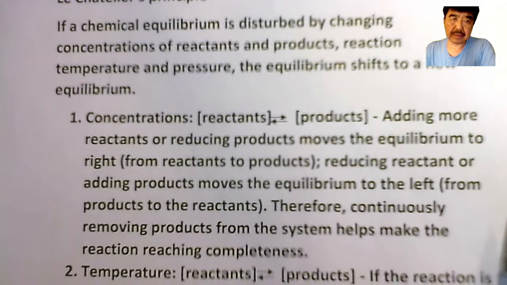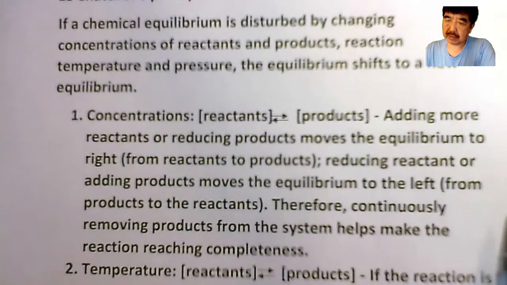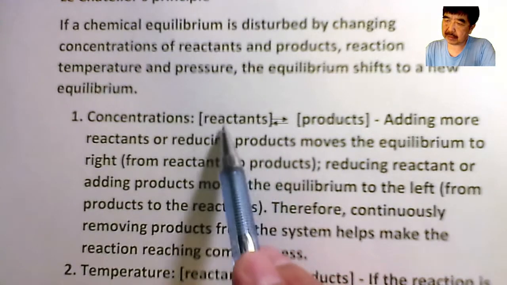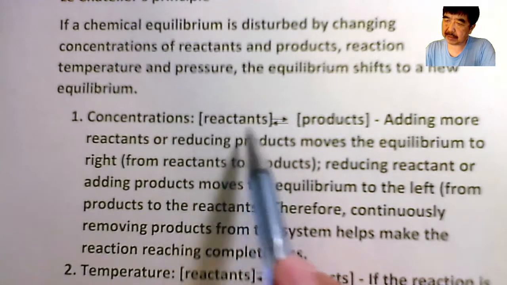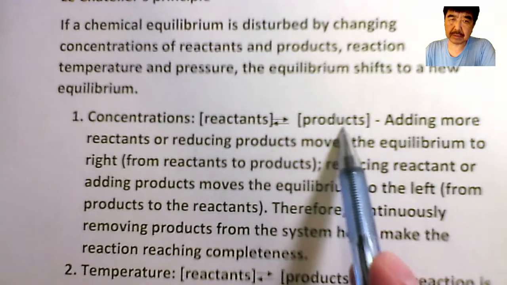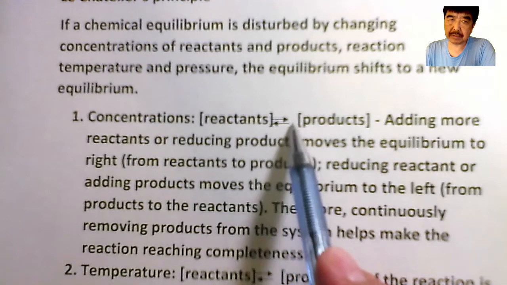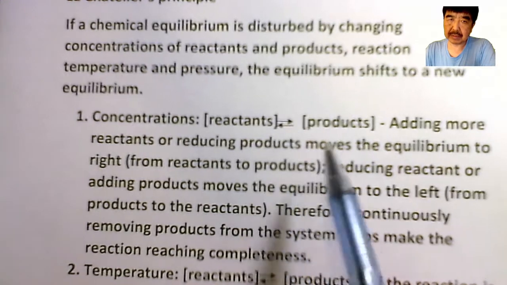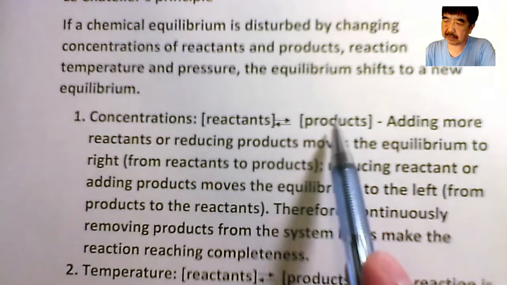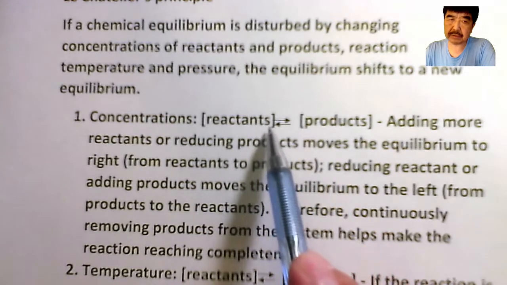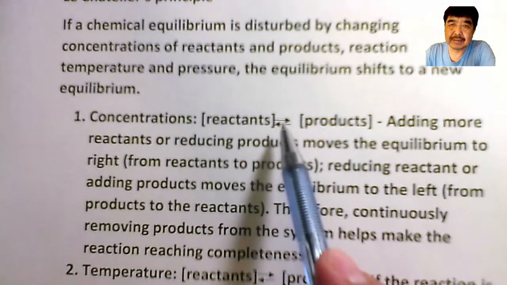Let's take a look at the concentration. You can see the reactants and the products in the chemical reaction reach equilibrium. This is the symbol of equilibrium. The rate of the forward process and the rate of the backward process are the same.